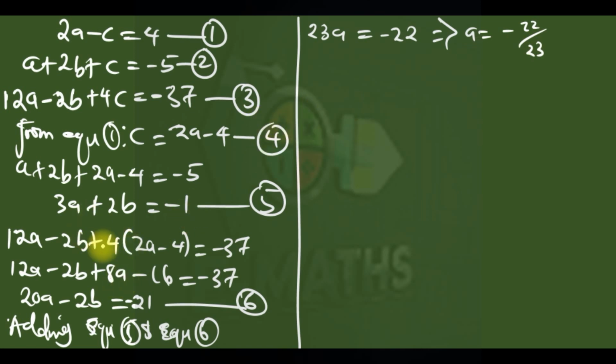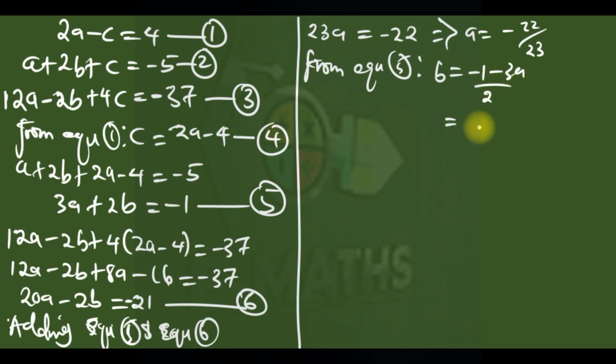So now we have a. We choose either equation 5 or 6 and make b the subject of formula. From equation 5, you can easily see that b is minus 1 minus 3a over 2. So which is minus 1 minus 3 times minus 22 over 23, all over 2.